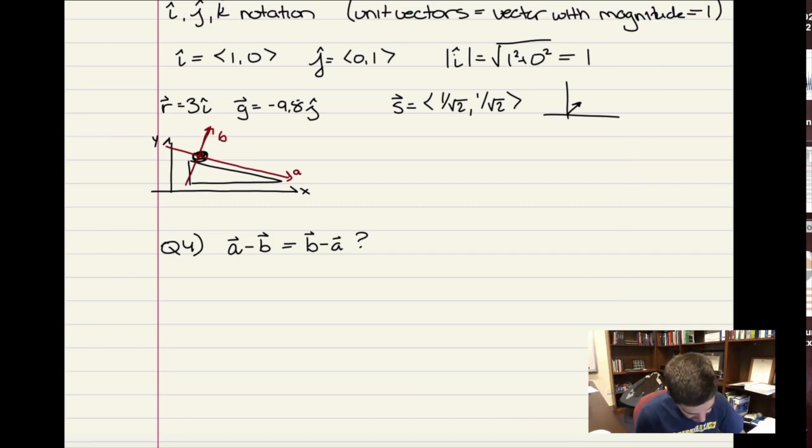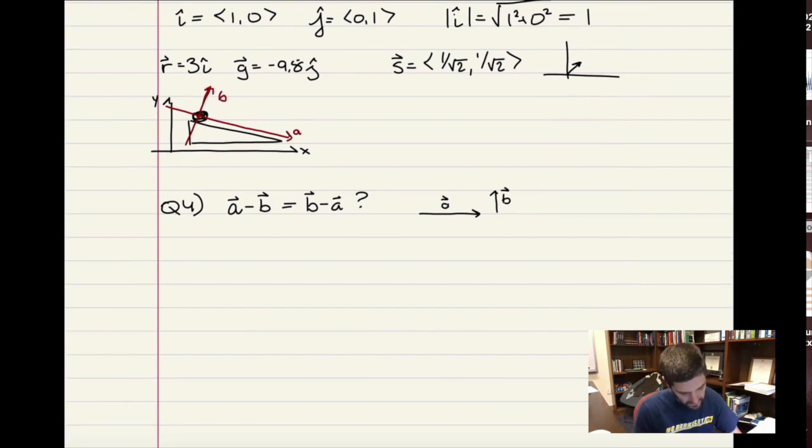So let's say I have some vector A, and then some vector B, and I'll keep them nice and simple. One's horizontal, one's vertical. If I wanted to do A minus B, geometrically I first go out in A, and then I go in the direction of minus B, so it would be going down instead of up.